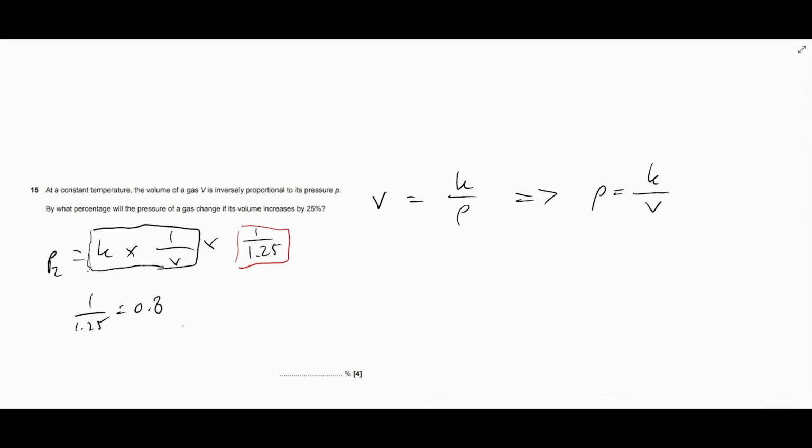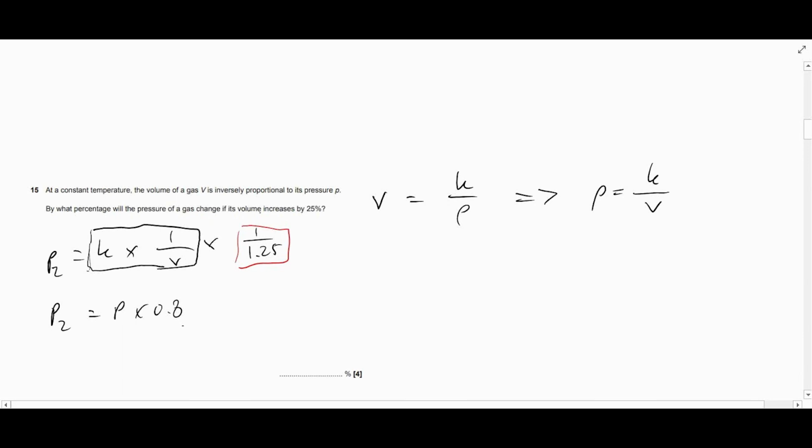So what that really means is that p2 is just equal to p times 0.8. That's the change. So if it's times 0.8, that means that it's 0.8 or 4/5 what it used to be. So it's actually smaller because it's a fraction of what it used to be. Even if you think about it in English terms, a fraction of something is smaller.